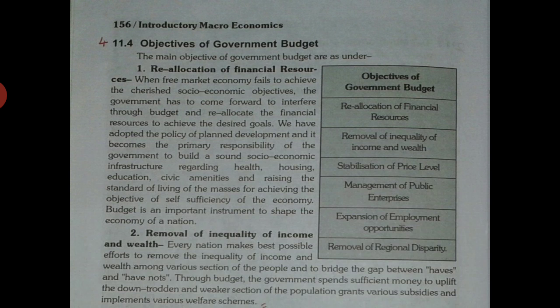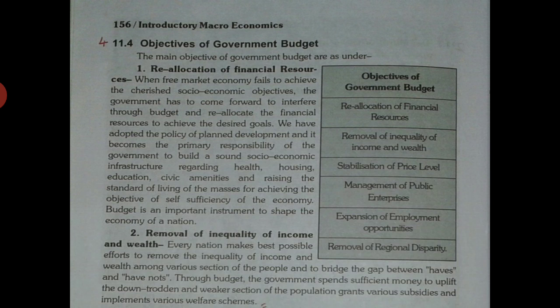Point number 3 is stabilization of price level. If dearness is high, then consumers and the common public will suffer. So this is the principal liability of the government, to stabilize the price level in the country.